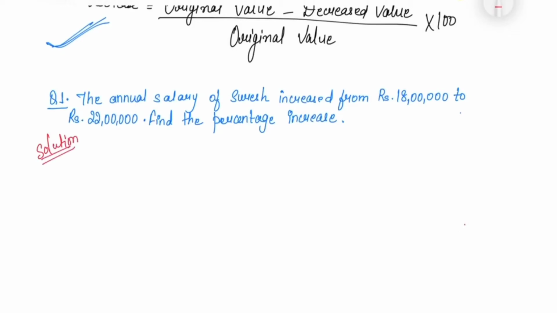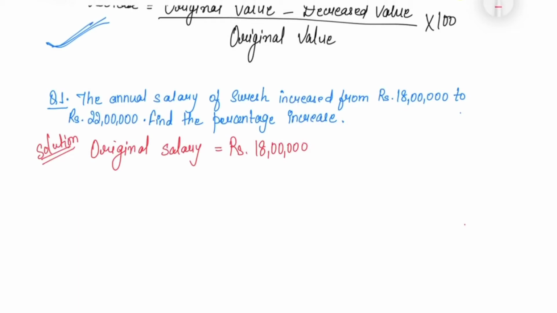First of all, what is the original salary for Suresh? The original salary of Suresh is rupees 18 lakhs. Originally it was 18 lakh, now it increased and became 22 lakh, right?